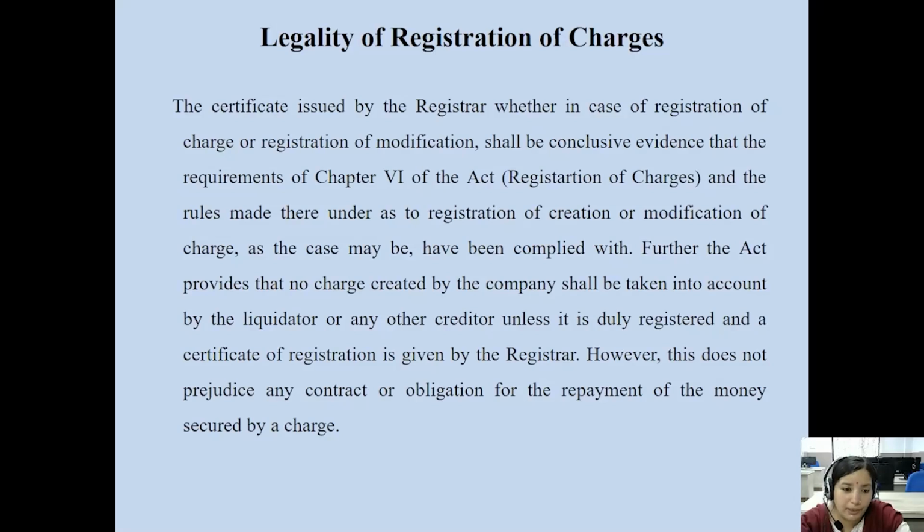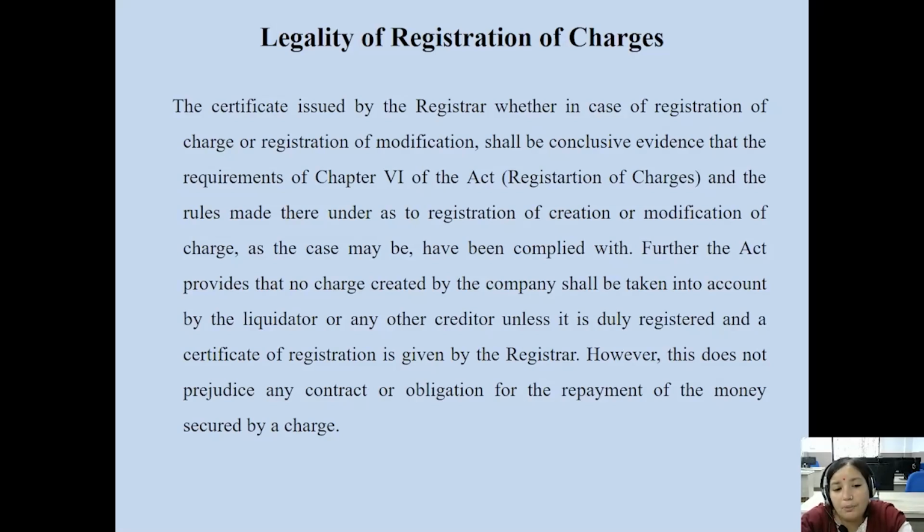Further, the Act provides that no charge created by the company shall be taken into account by the liquidator or any other creditors of the company unless it is duly registered and a certificate of registration is given by the registrar. However, this does not prejudice any contract or obligations for the repayment of the money secured by a charge.